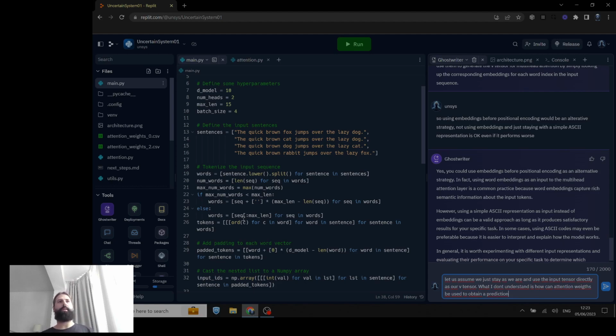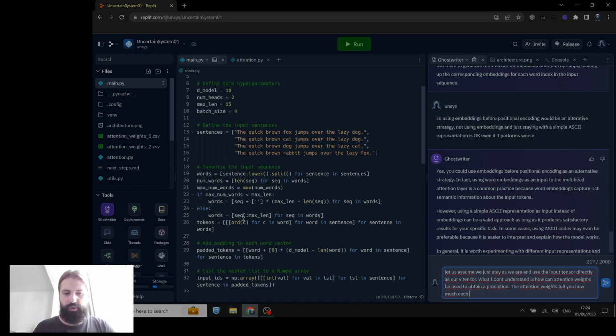The attention weights are basically telling you how much a word predicts the other word, right? The attention weights tell you how much each word helps predict a given word.